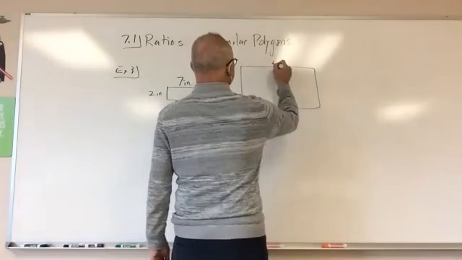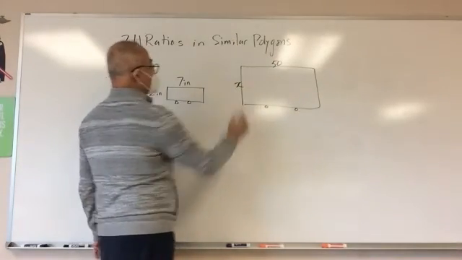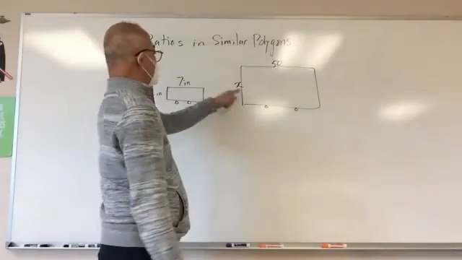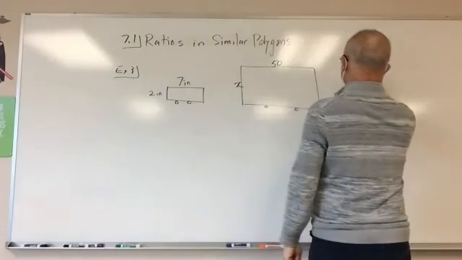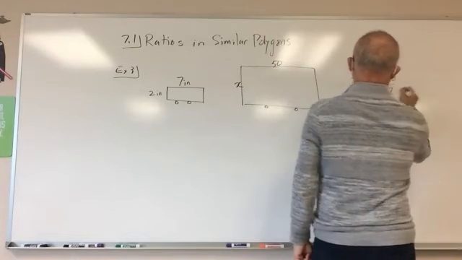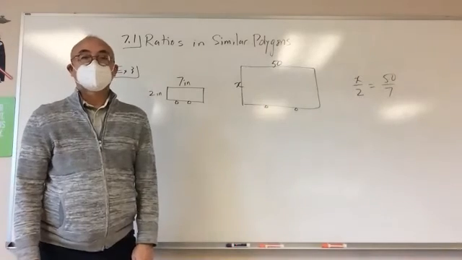This is 50. We want to know what the width is here, right? So this to this is this to this, right? So this to this is going to be equal to 50 to 7. Right? Okay.